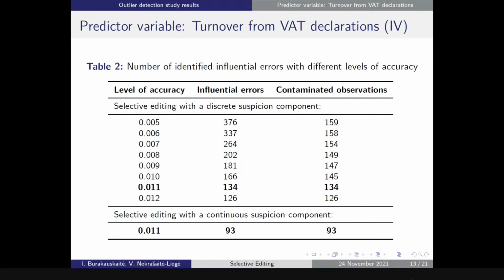And then the level of accuracy was picked in such a way that, well, if all the detected influential errors were introduced by the data contamination procedure, then the corresponding level of accuracy was chosen for the further study. With predictor variable turnover from VAT declarations, this level of accuracy was chosen to be 0.011 for both selective editing with a discrete and with a continuous suspicion component.